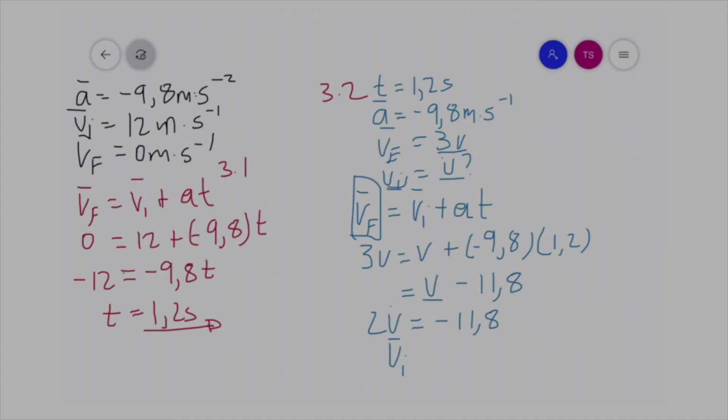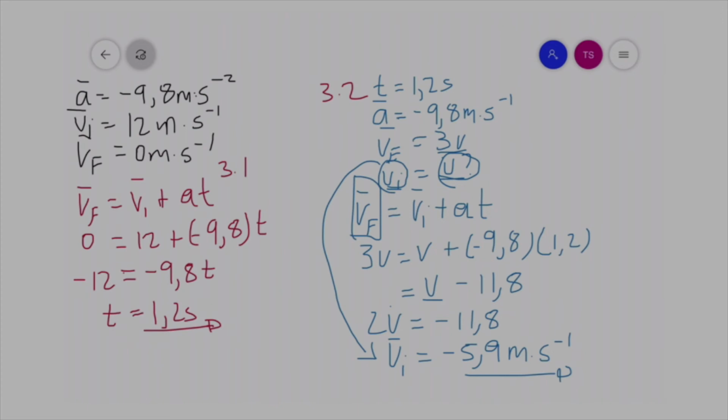Remember, in the space of v initial we have v, so from here you can simply go back and say your v initial is negative 5.9 meters per second.